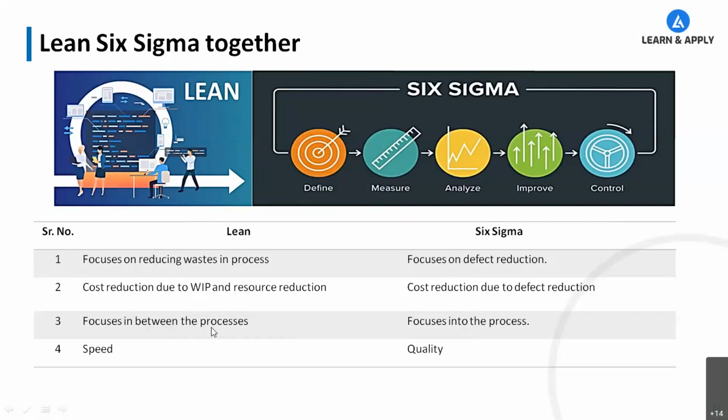And with the Lean, we have seen the speed of the process, the speed of overall operation, increases. And with the Six Sigma, the quality as output improves. So whenever we combine Lean and Six Sigma, with the speed and quality, we will get it at the lowest cost. And that is the true benefit when we apply Lean Six Sigma together.